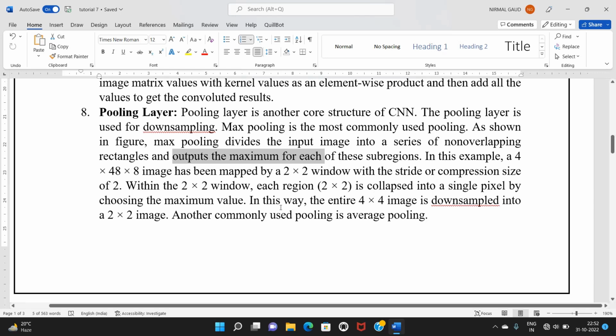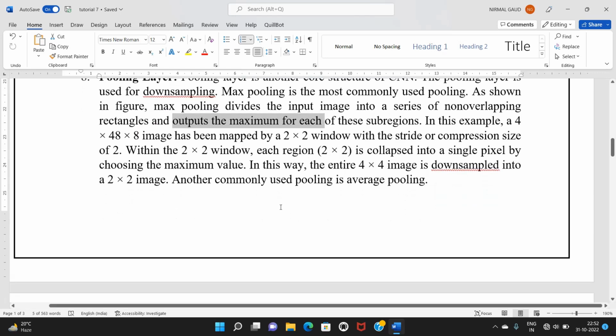After that, we collected all the features with the help of max pooling. In the case of pooling, that is also called dimensionality reduction, which means we reduce the dimension.